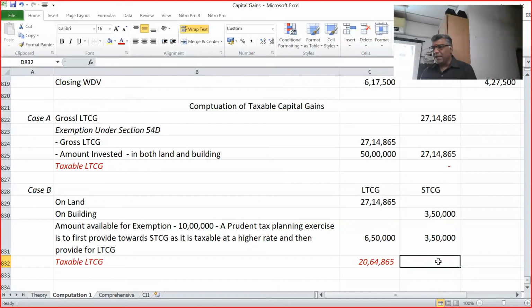Take your time, neatly write it down so that you are clear about why I am giving first for STCG.